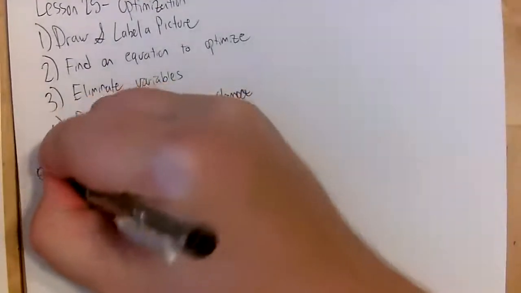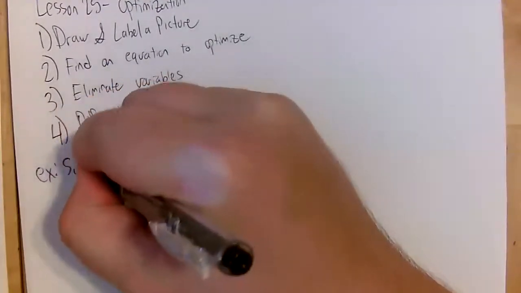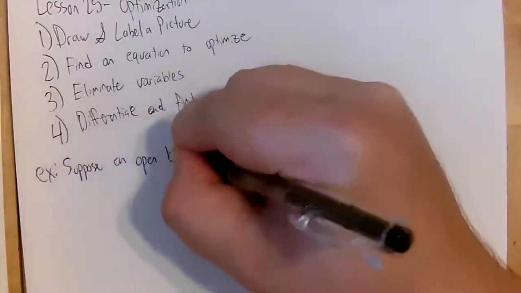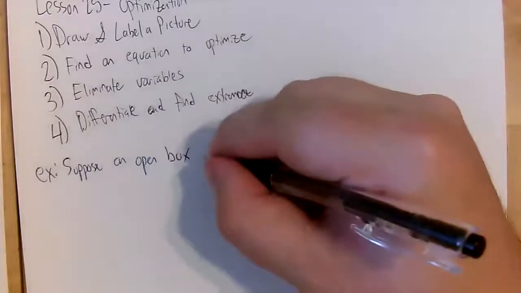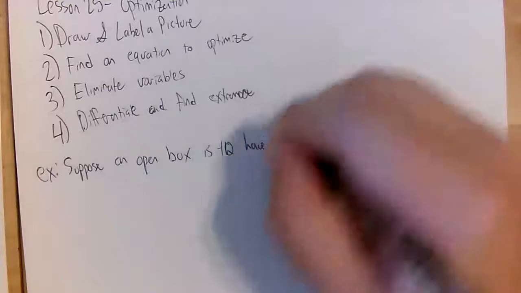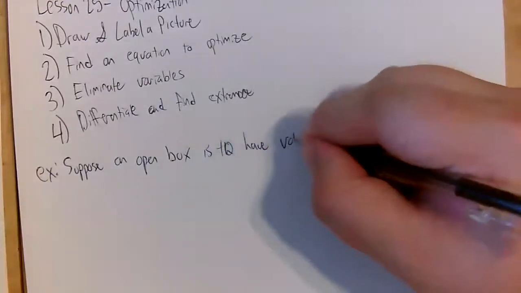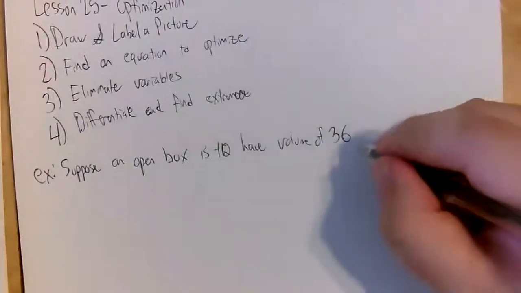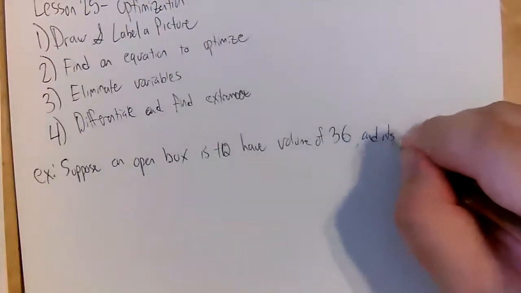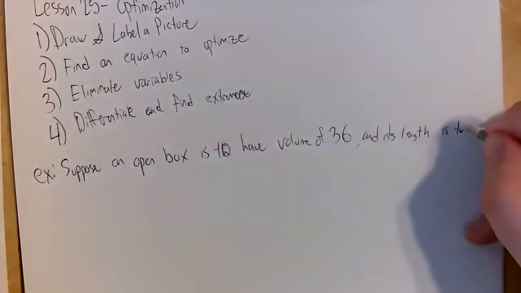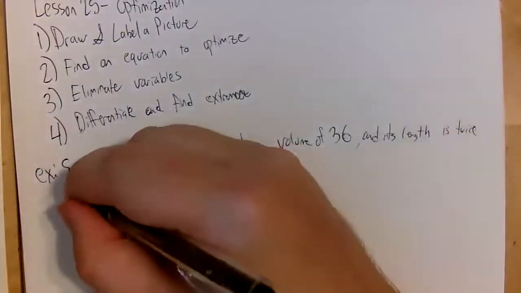All right, so our first example, suppose an open box, so a box with an open top, is to have a volume of 36 and its length is twice its width.